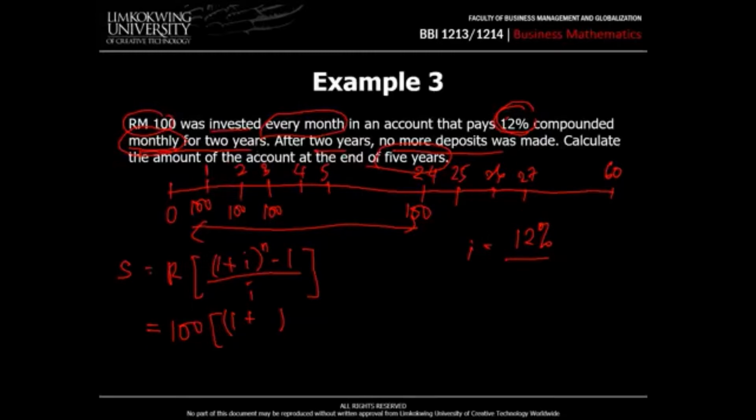Compounded monthly, 12. So 1%. So here i is 1%. Index n, what is n? 24. Yes, 24, because it deposits only for two years. So here is 24, divided by 1%.